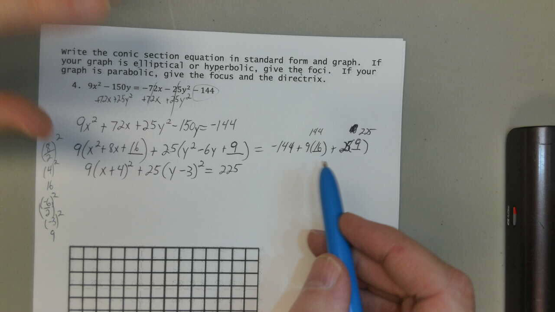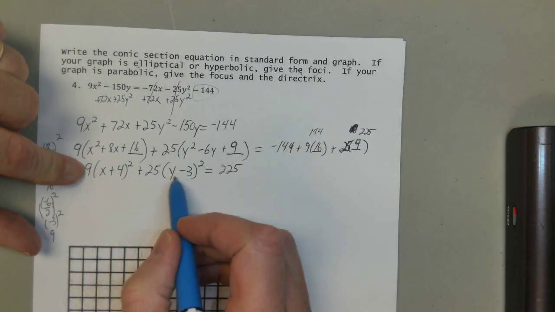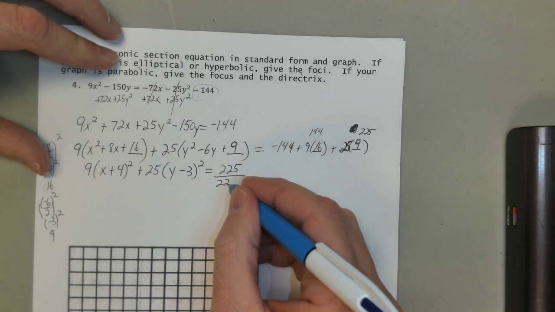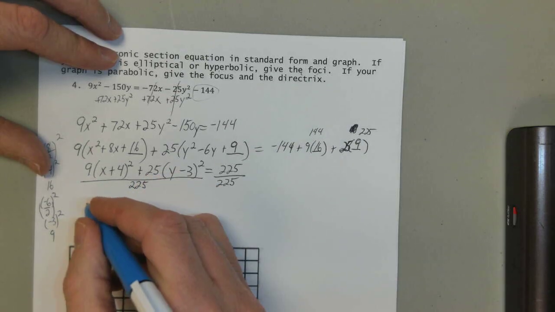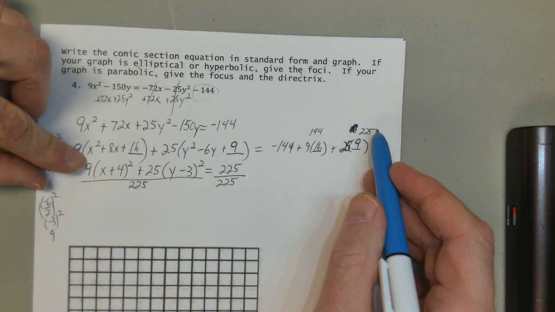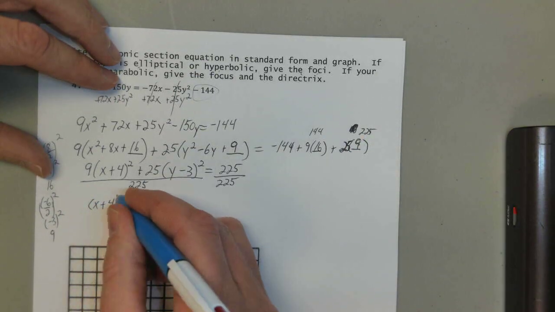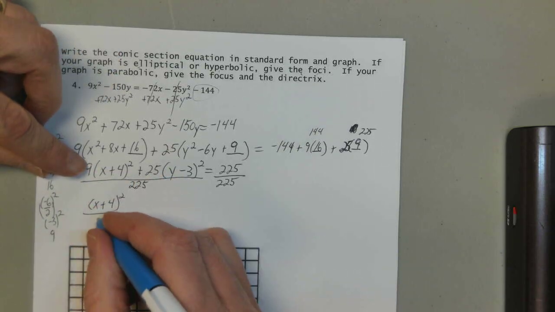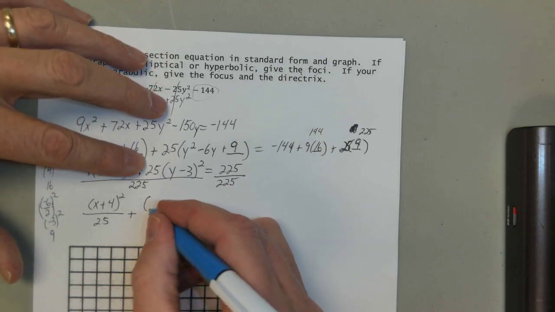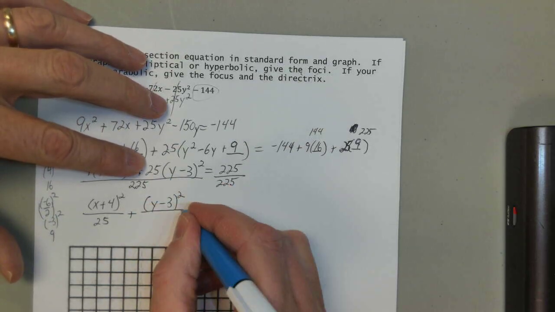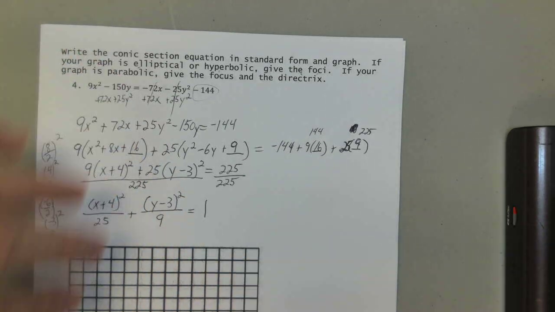It's going to be an ellipse, since there's a plus between the two terms. So I'm going to divide through by 225. 9 times 25 is 225. So this is x plus 4 squared over 25, plus y minus 3 squared over 9 is equal to 1.